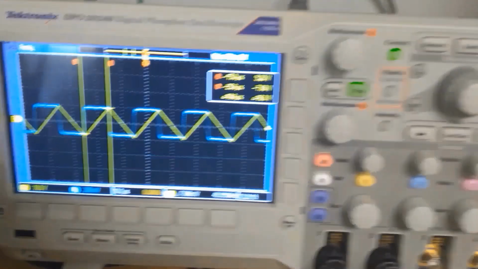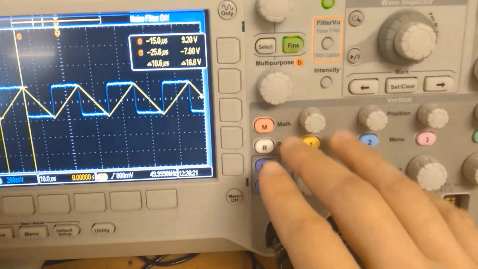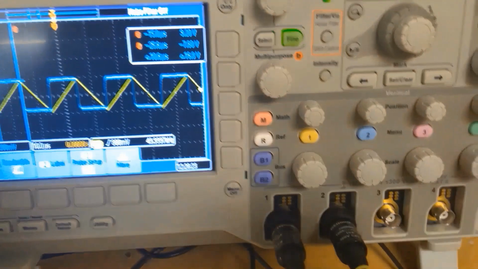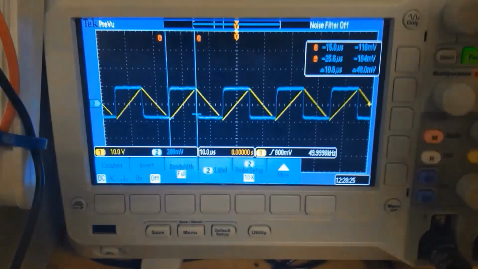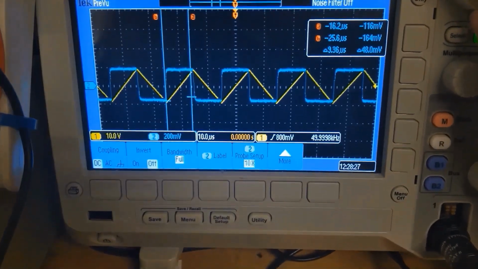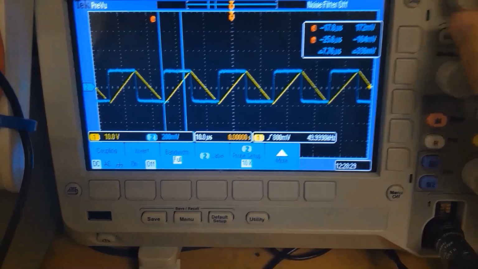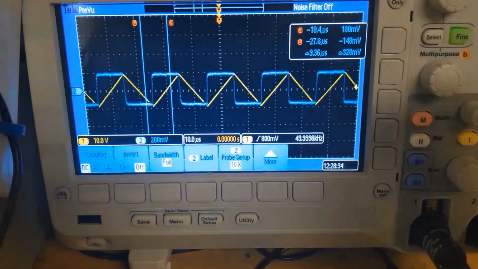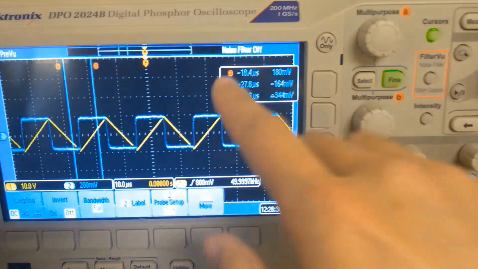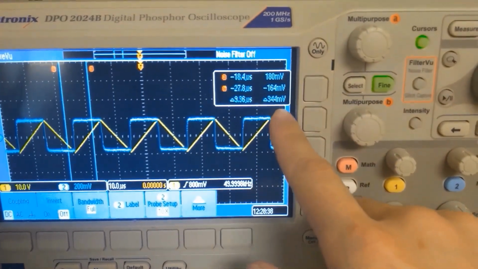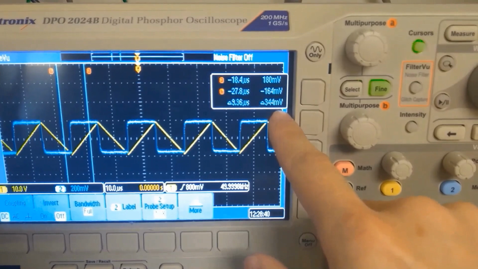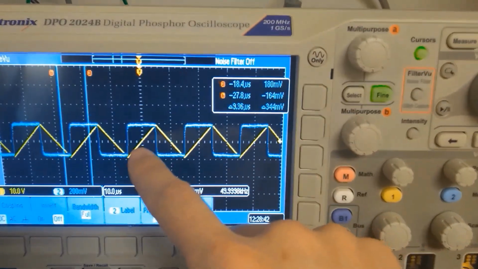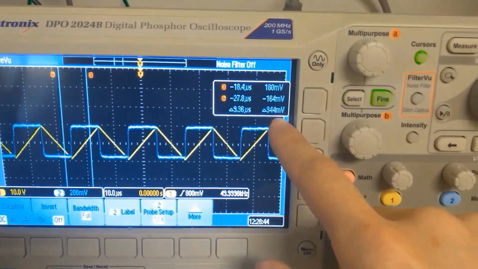So if we look back at our signal and we switch to channel 2, we put one cursor at the positive peak, another one at the negative peak. You see the peak to peak voltage is 344 millivolts, and the 0 to peak voltage is actually half of this value.